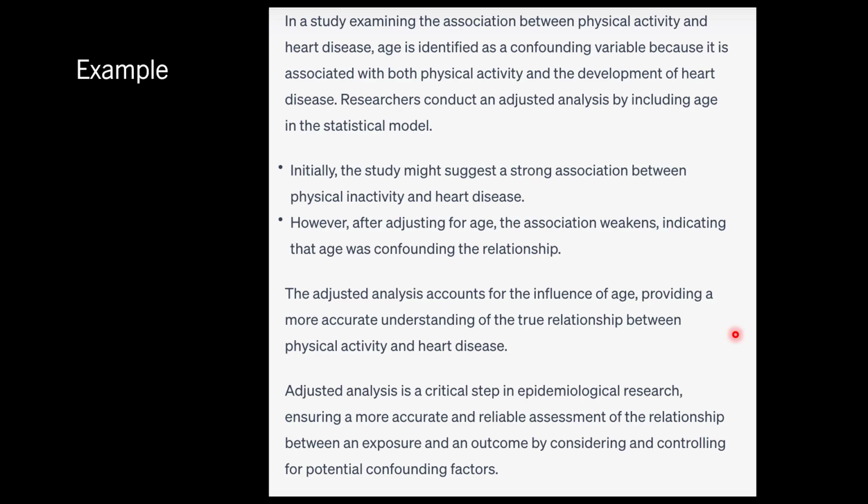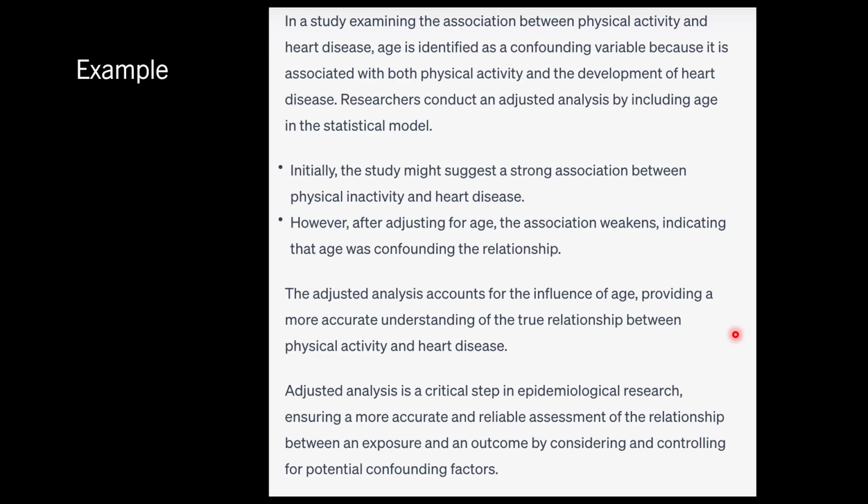An example, in a study examining the association between physical activity and heart disease, age is identified as a confounding variable, because it is associated with both physical activity and development of heart disease. So researchers conduct an adjusted analysis by including age in the statistical model. Initially, the study might suggest a strong association between physical inactivity and heart disease.